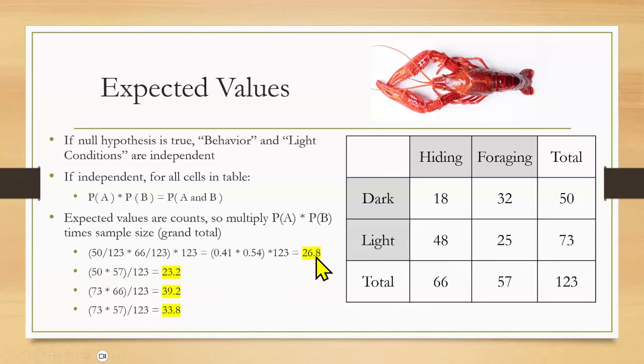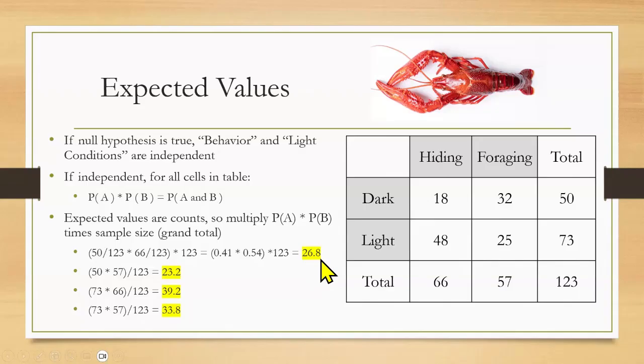That gives me 26.8. Now I can't have 0.8 of a crayfish, but because of the way you calculate the expected, you're going to get decimal numbers for these, and you should use them. We're not going to round those off. Our expected values are not actual crayfish, they're hypothetical crayfish. Literally, if our null hypothesis is true, this is how many crayfish we should have.